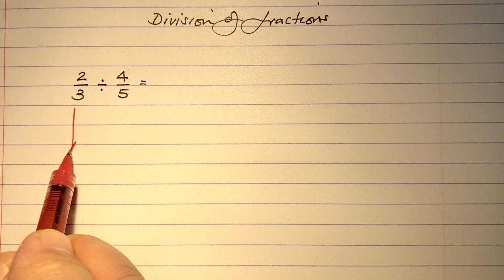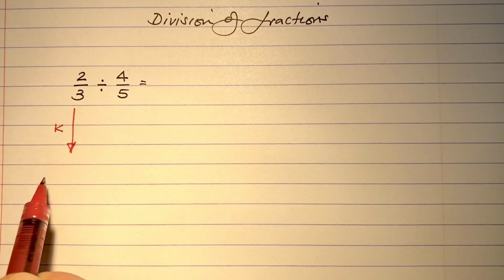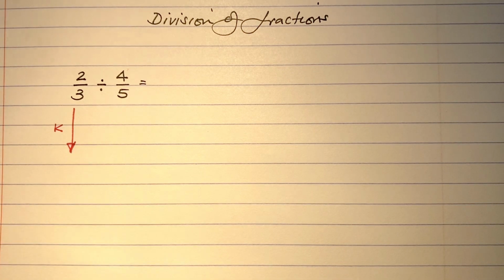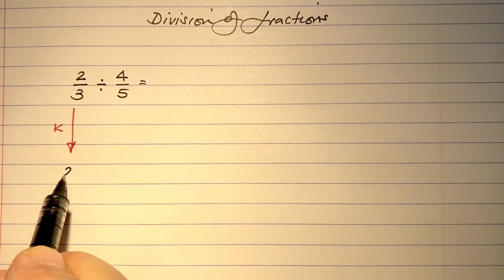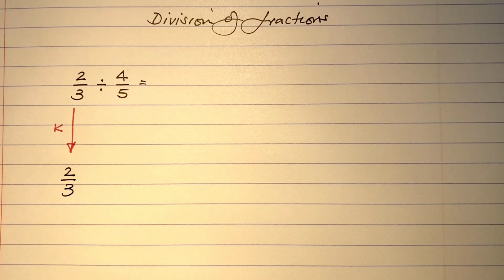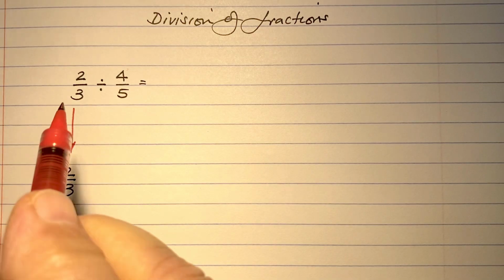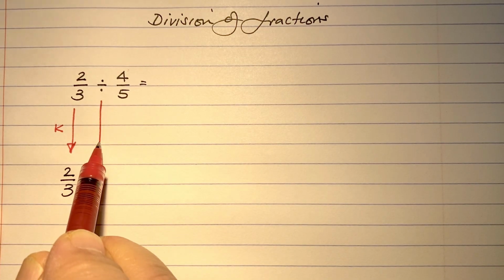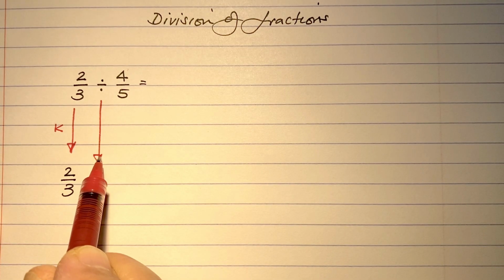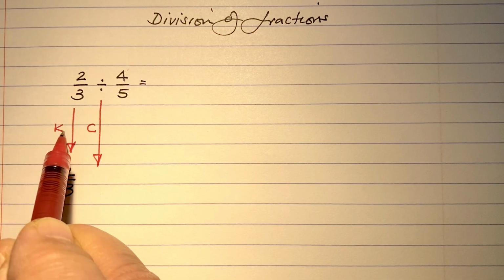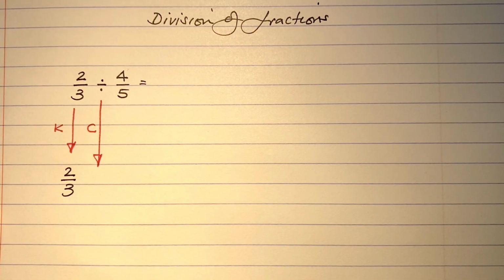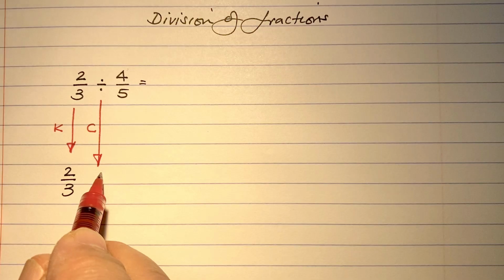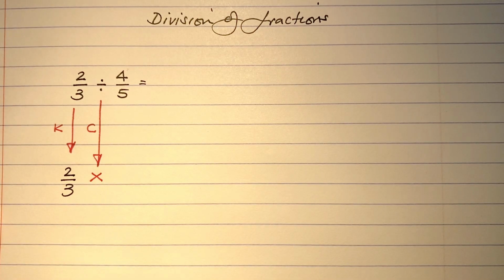K for keep. So that means 2/3 remains 2/3. Then you have to change the divide to times. So that's your change. Keep, change. Divide becomes times.